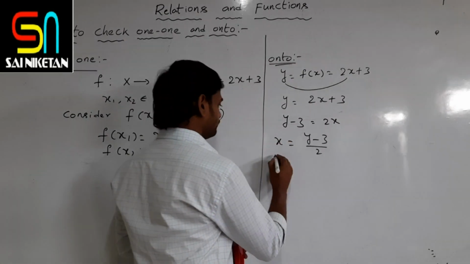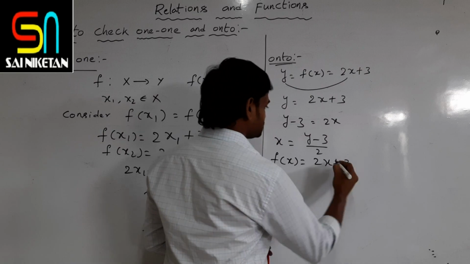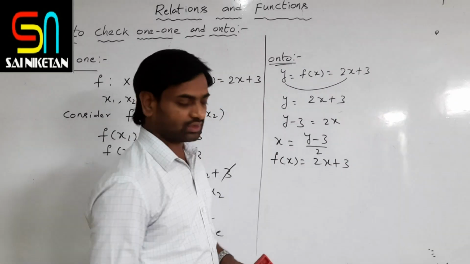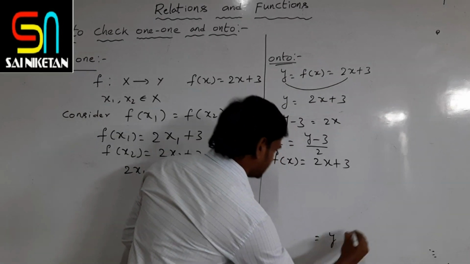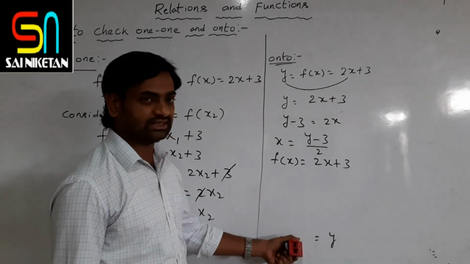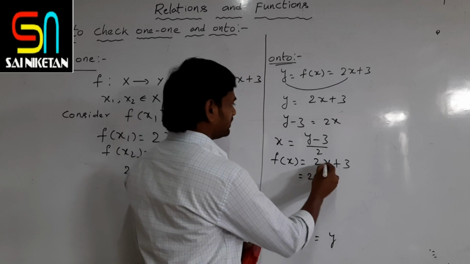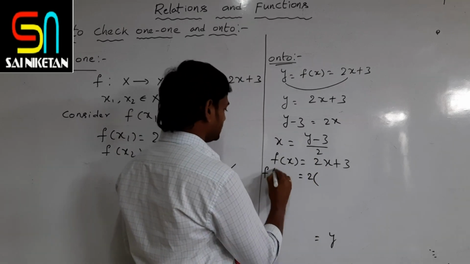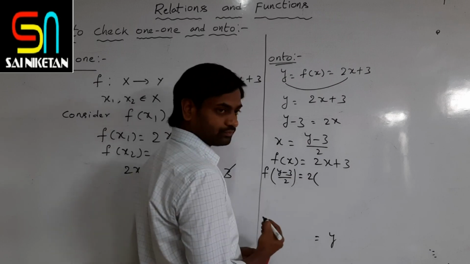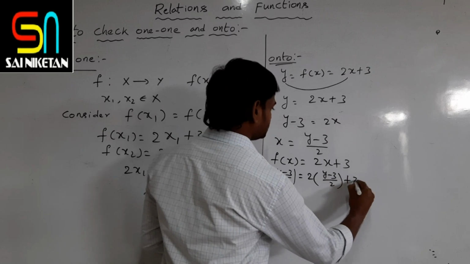Now take the function. What is the function? f of x equal to 2x plus 3. Now substitute x value in this function. If the answer is y, then you can say it is onto function. Now check this one. 2 into, what is the x here? X means here y minus 3 by 2. 2 into y minus 3 by 2 plus 3.